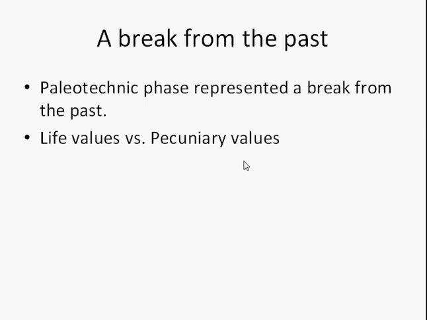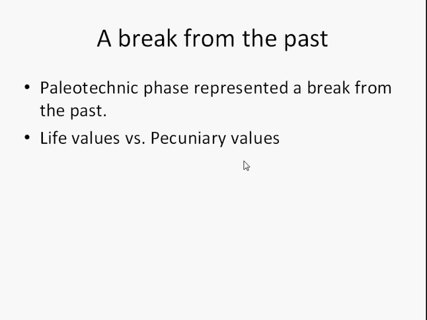If you think back to our study on the Eotechnic phase, it lasted roughly from 1000 to 1750 AD. While the Paleotechnic phase, again roughly, these figures aren't exact cutoff dates, lasts from about 1750 to 1900, which represents only 1/5 of the span for the Eotechnic phase.